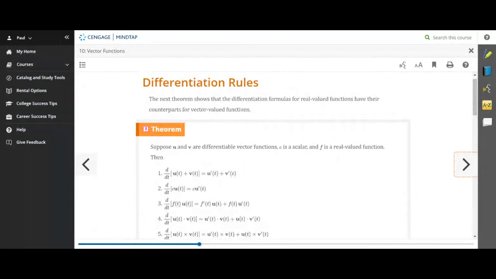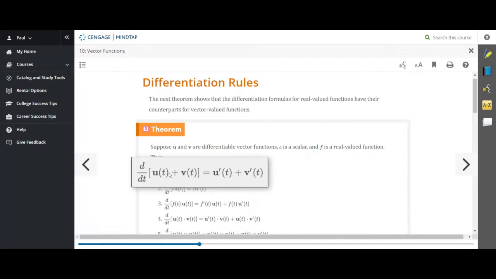Okay, now there are derivative rules for vectors, just like you have derivative rules for functions. So for instance, the first rule here is very similar to the rule you've learned for the derivative of a sum of two functions.